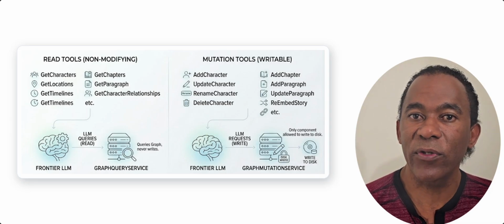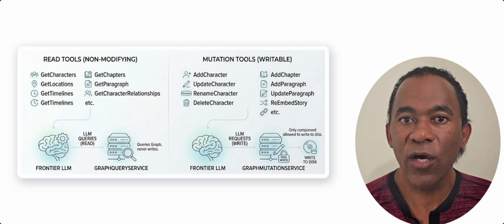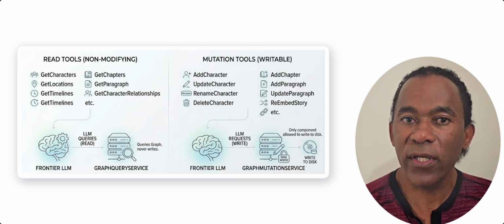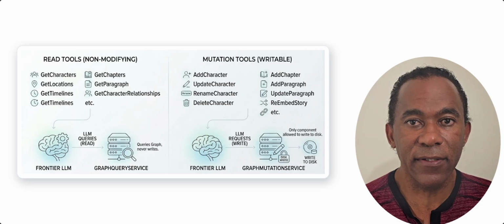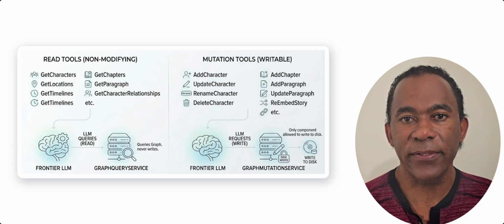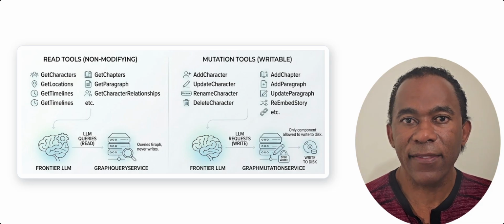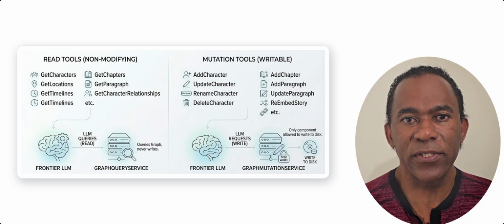All of those go through a separate graph mutation service, which literally is the only component that is allowed to write to the disk. That separation is on purpose. The read path and the write path cannot accidentally bleed into each other.